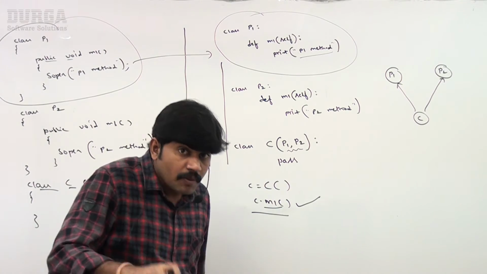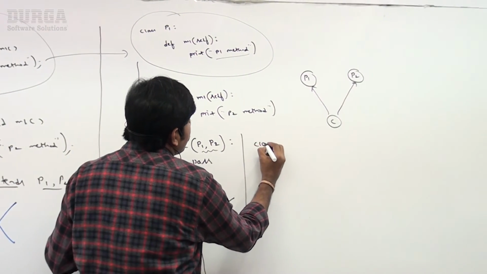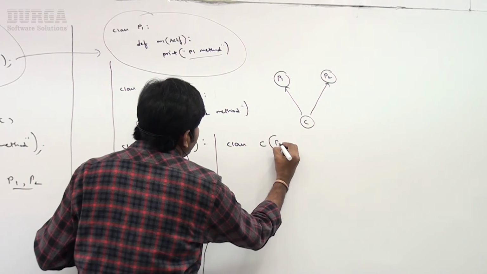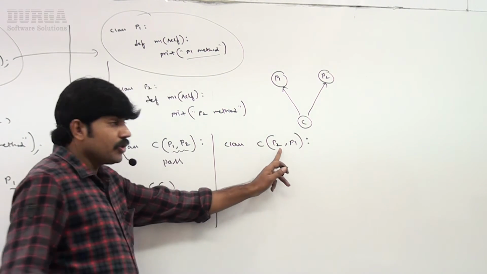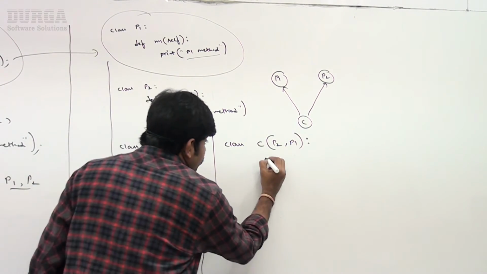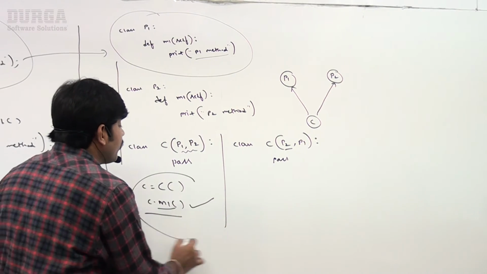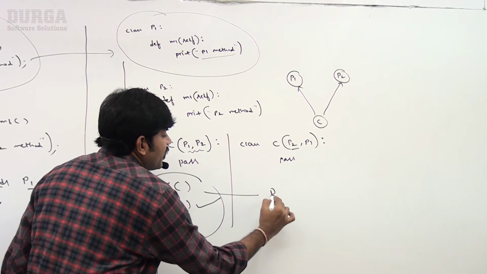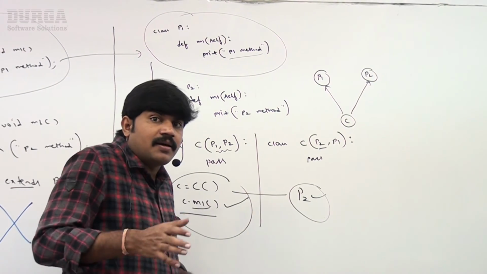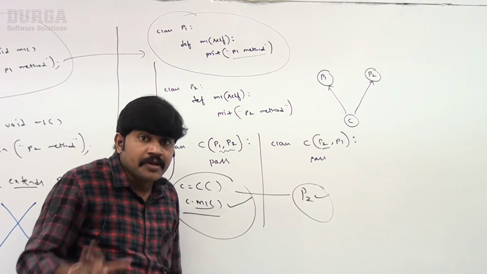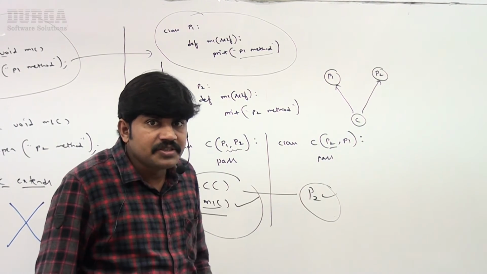Everyone be aware. Suppose I interchange the order, something like class C(P2, P1). Which parent class did we take first? P2. Then which method will come, sir? The P2 method is going to come, because in whichever order the parent classes are declared, based on that the corresponding method is going to execute.